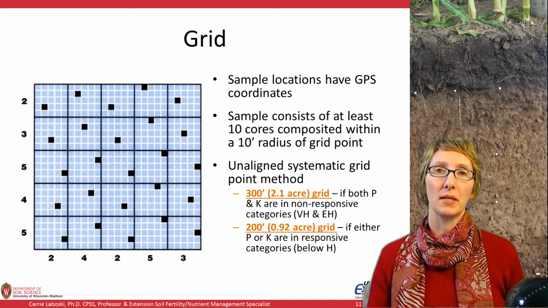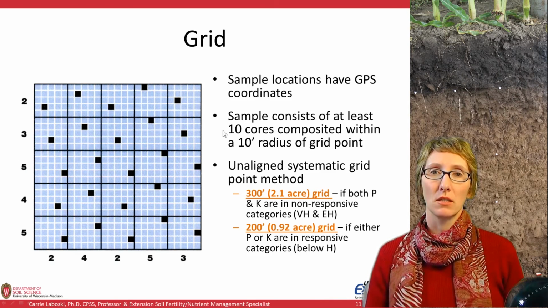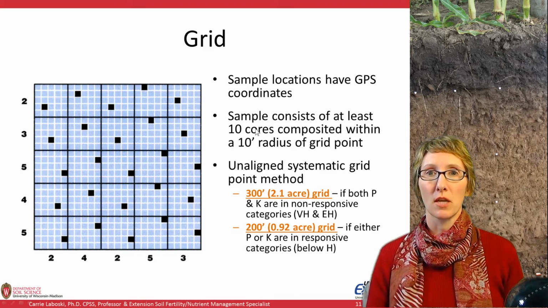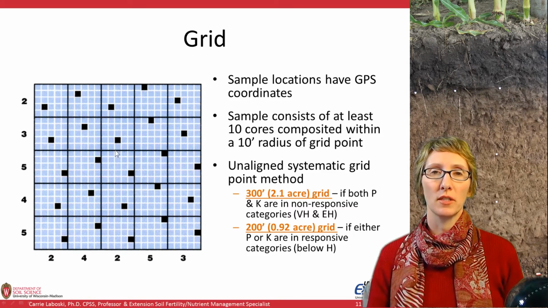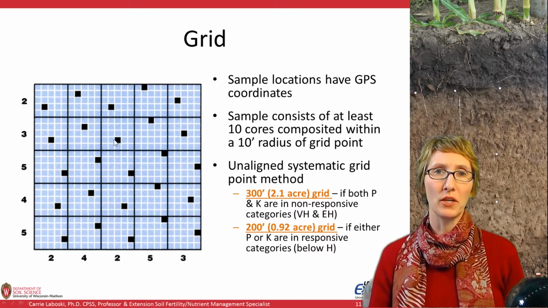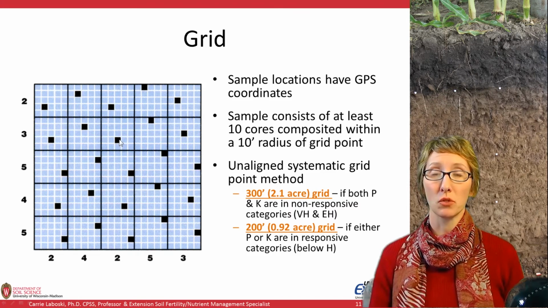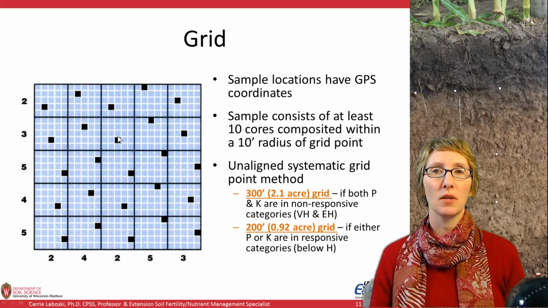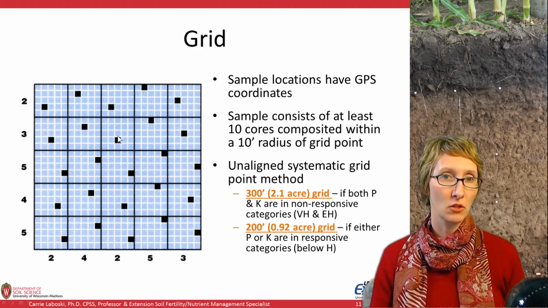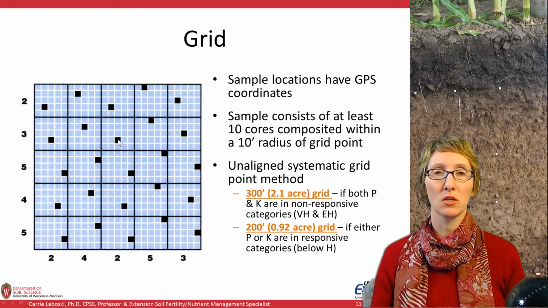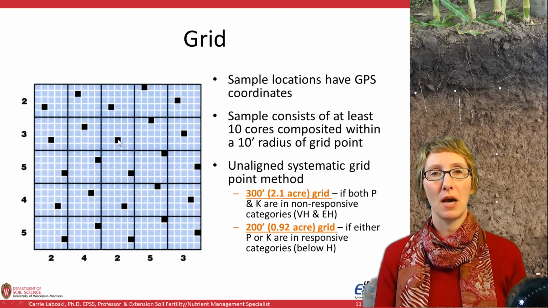Now also, when we are taking these grid soil samples, when you get to your location, say this was predetermined in the office, that's where you're going to soil sample. You drove the ATV out there, you want to take about 10 cores. You could do 20 if you want, but probably 10's a good minimum number, and composite them.